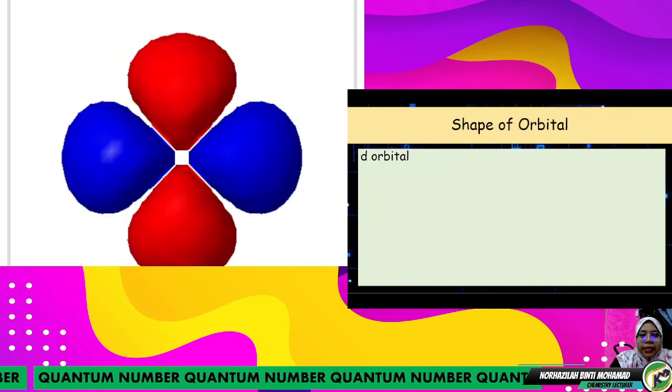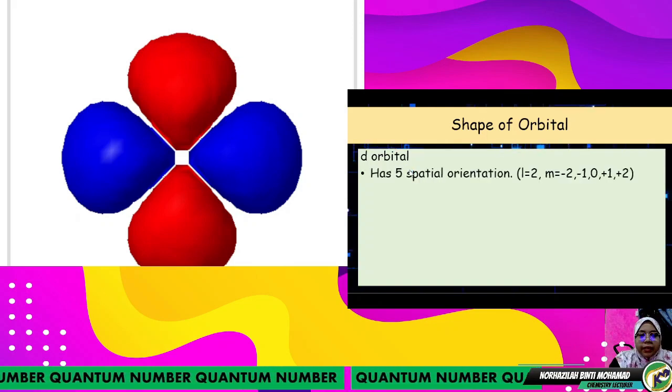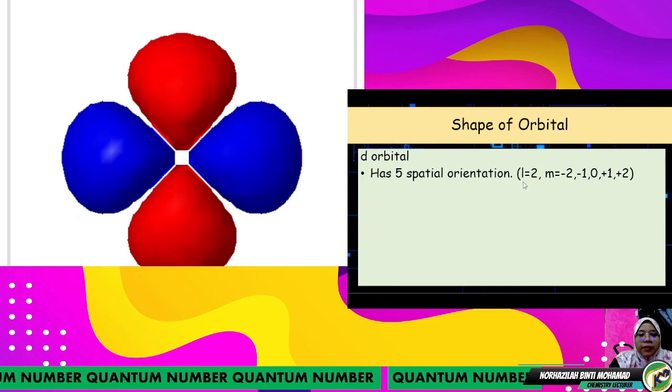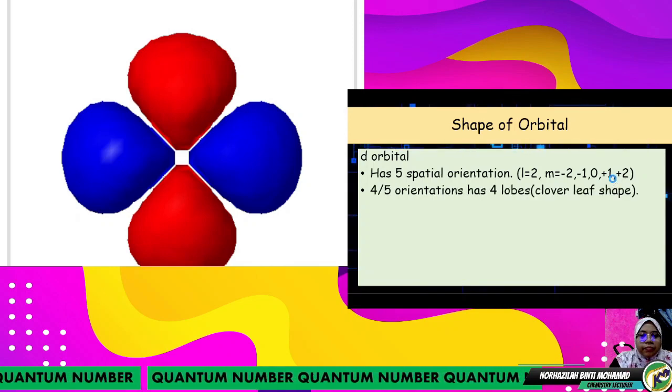The last orbital is d orbital. The d orbital has five spatial orientations because the d orbital has a value of l equal to 2, which means it has five values of m, which are -2, -1, 0, +1, and +2.